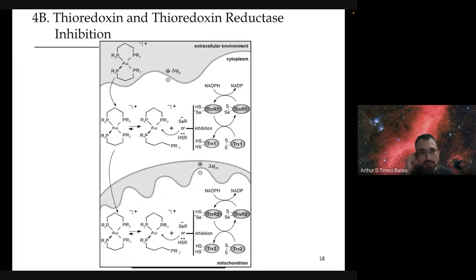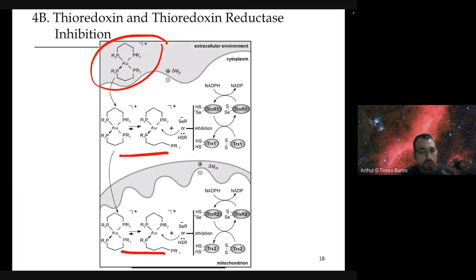All right, so here again, I'm just showing you another representation of the gold compound, but from this perspective, this particular compound entering the cellular environment and appearing to be able to hit the same target. So what I showed you previously was sort of a general mechanism for the gold phosphine from auranofin, but here we're looking at it from the perspective of that gold compound with the bidentate phosphine groups.